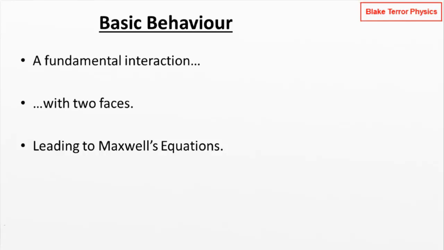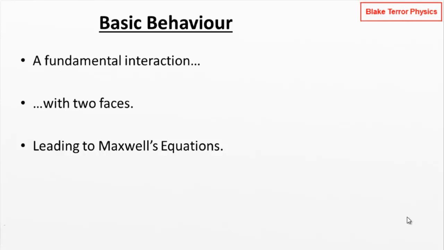So we've already seen in the section on structure of matter that some matter engages in the electromagnetic interaction, just as some matter engages in the gravitational interaction. These are things that we say have got mass, they're affected by gravity. Things that we say have got electric charge engage in the electromagnetic interaction.